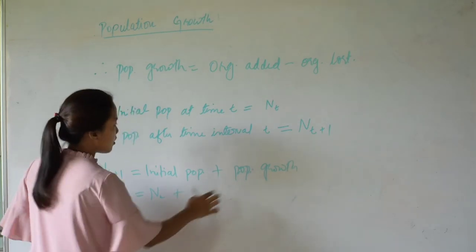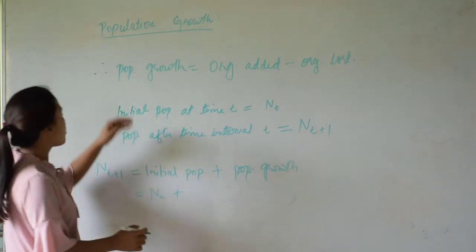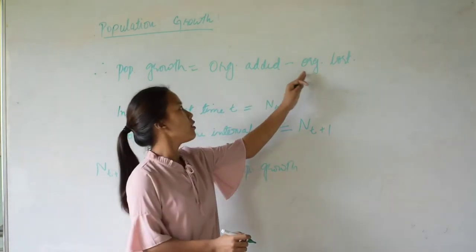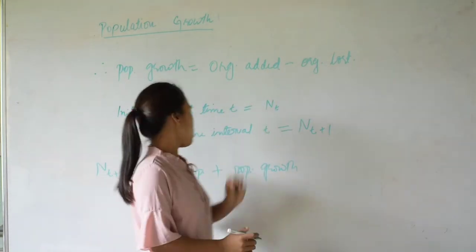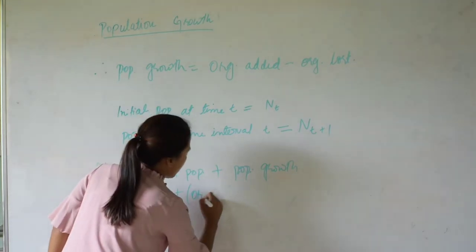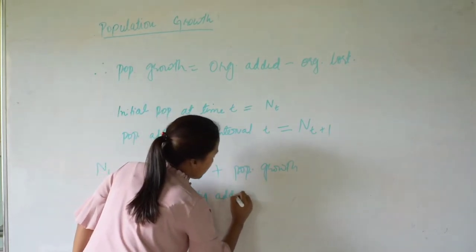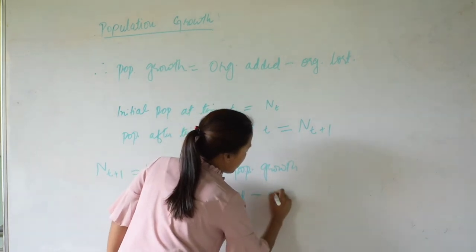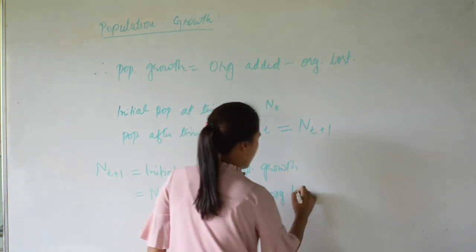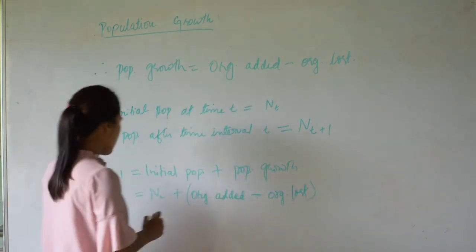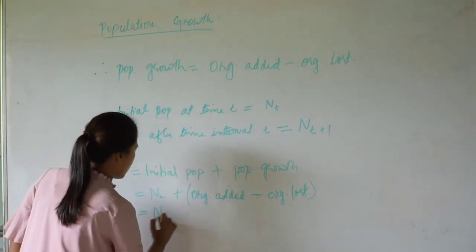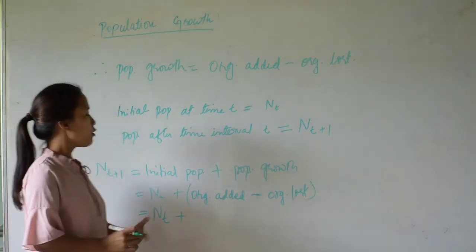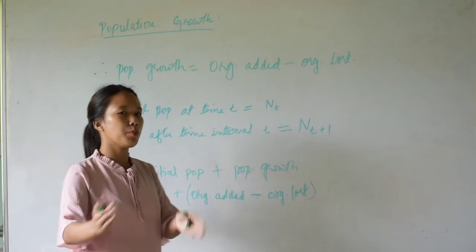So in the next step, we know that the initial population is N t, plus population growth. We have also discussed that population growth is equal to organisms added minus organisms lost. So here we will write organisms added minus organisms lost. So in the next step, same thing, plus organisms added. When are these organisms added in a population?